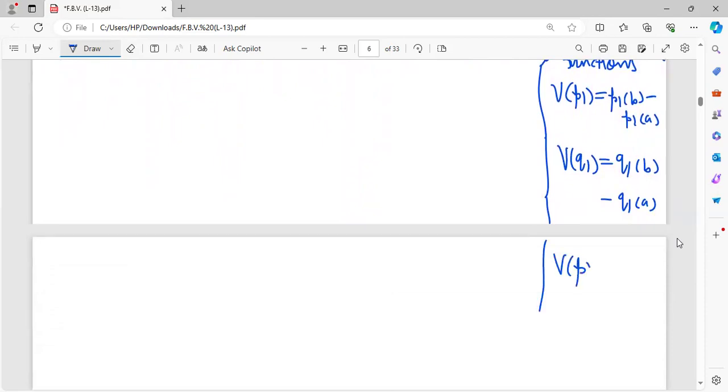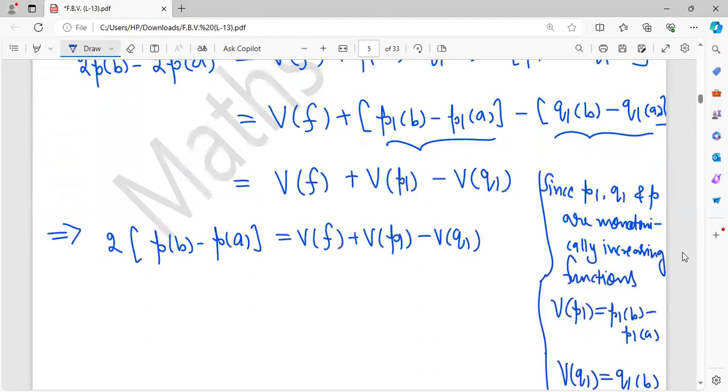VP is equal to P(b) minus P(a). Put this value there: this is equal to 2VP.